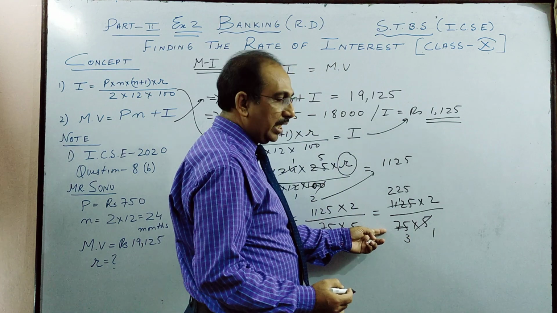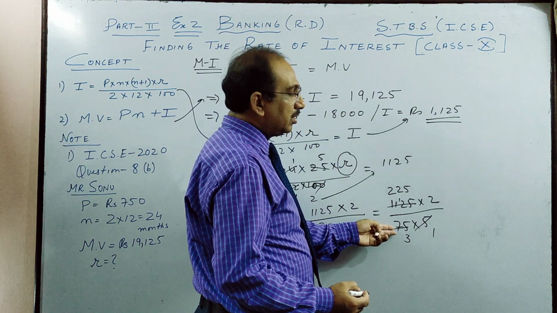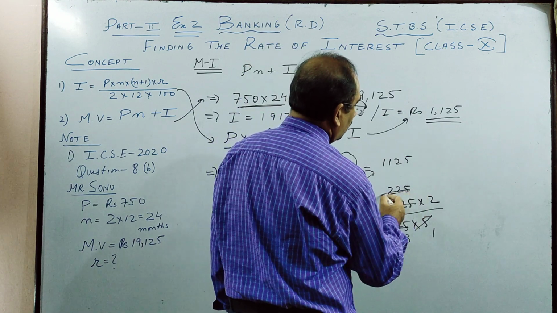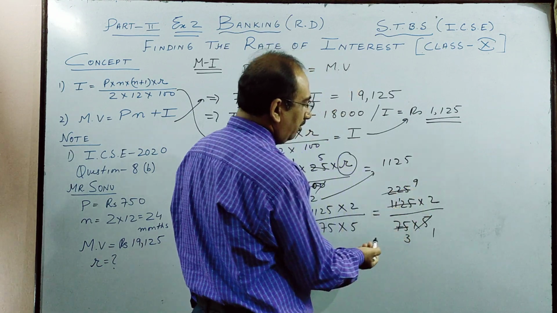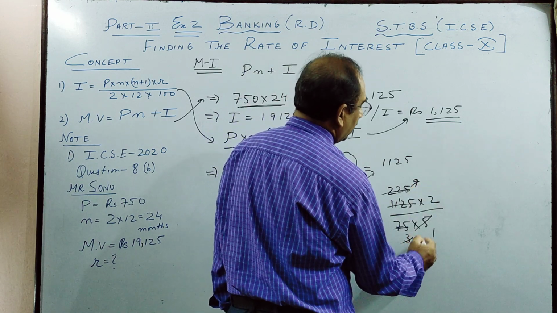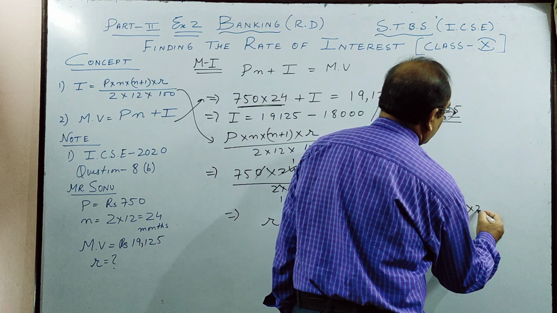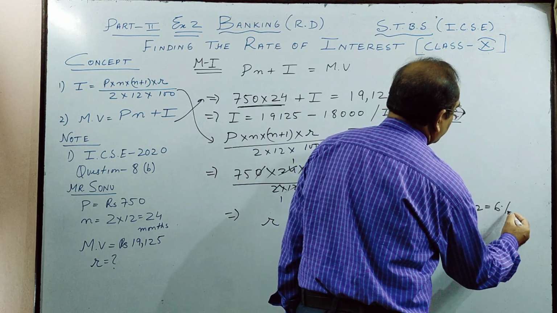You can cancel with a smaller or bigger term. So I am doing it with 25. You could have done 75 3s are directly. So ultimately you will get 3 into 2, which is 6%.